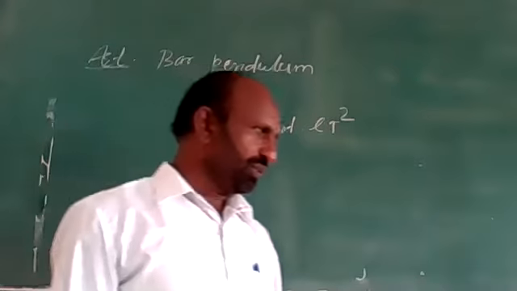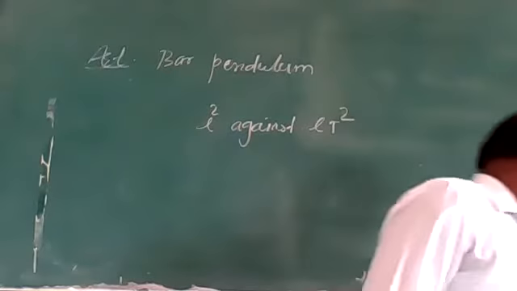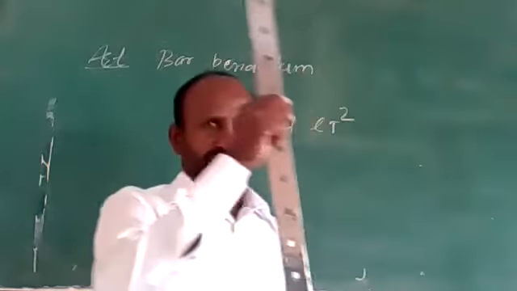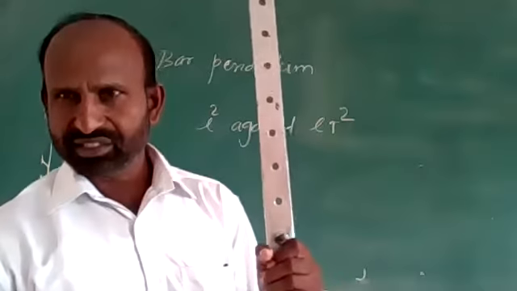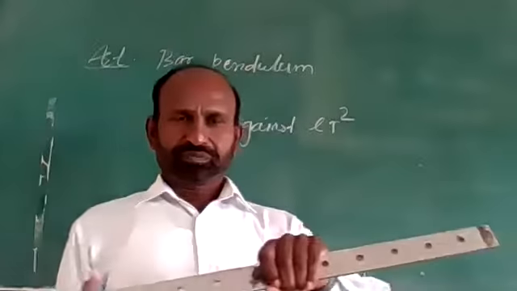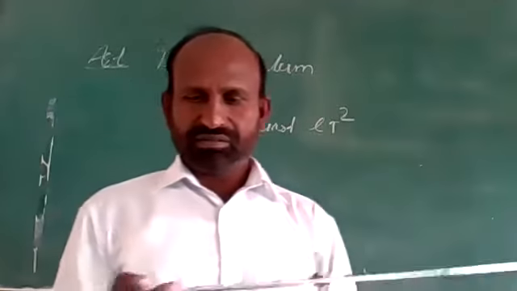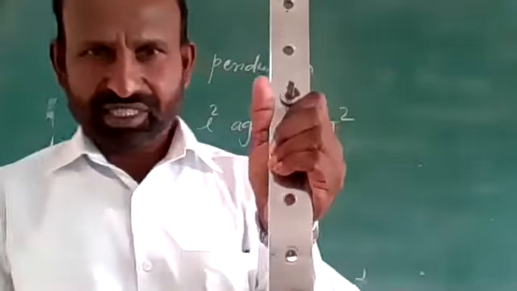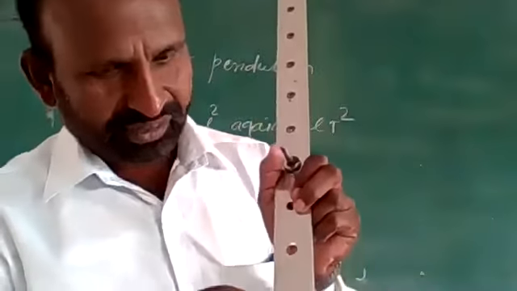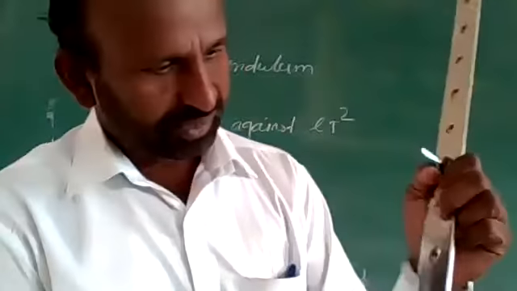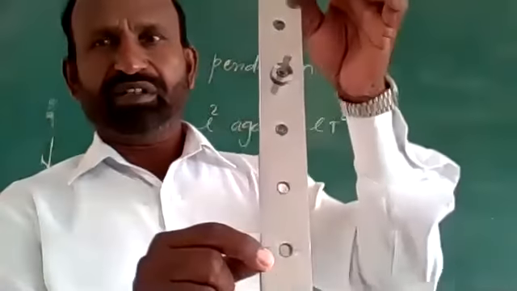I have already shown you the bar pendulum, which we explained in the experiment. This is a bar pendulum, and here we have marked the center of gravity of the bar by this marking. That is the center of gravity of the bar.